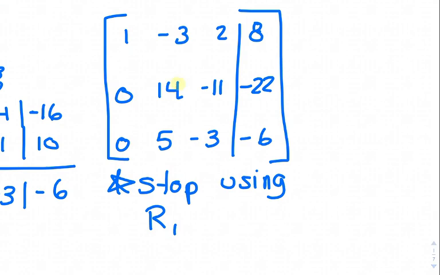Our next goal is to get a 1 here. So whenever I want a 1, I just multiply that row. So 14 times something gives me 1. And all I do is I take whatever number's there, my highlighted number, and I flip it. So technically it's 14 over 1, so I'm going to flip it so it becomes 1 over 14.